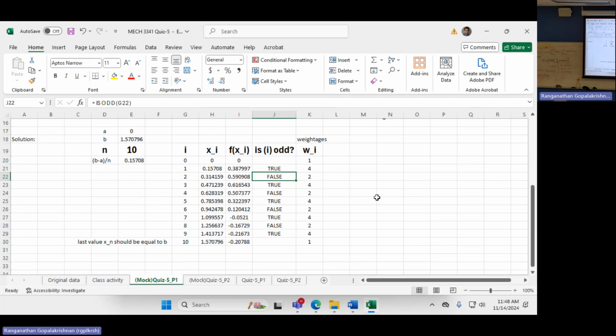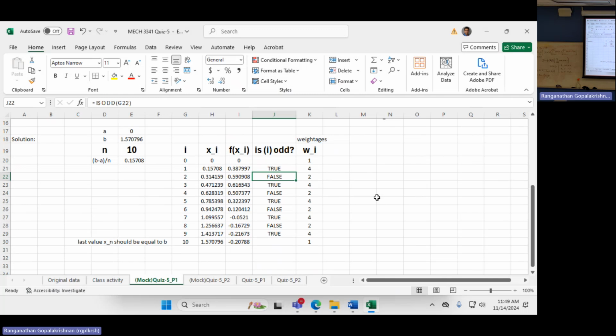You need to freeze it, $T$70. Enter. Now drag it down. There you go.